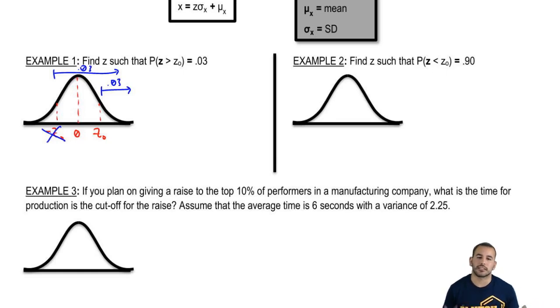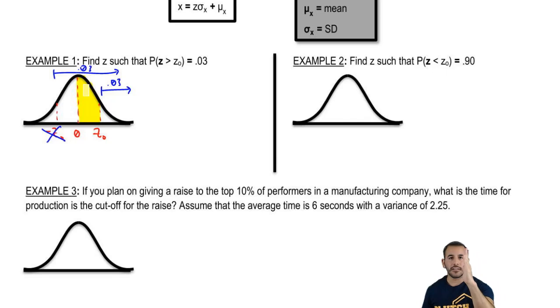So our area is 0.03. But how do we find this in our table? Our table works from what area? What area does our table always give us when we look up a Z? It gives us from 0 to that Z score, right? So whatever area they're giving us, we always have to switch it back in terms of the probability from 0 to Z. That's not very difficult, because if from Z all the way up is 0.03, how much is left over?